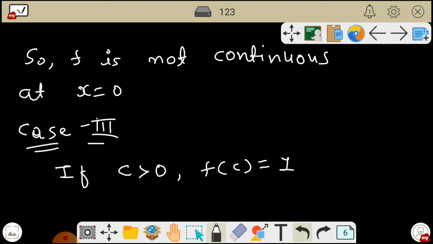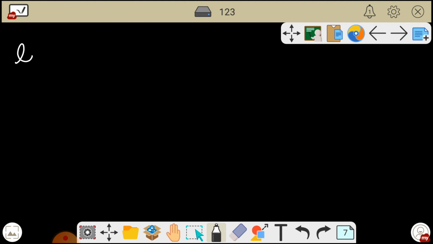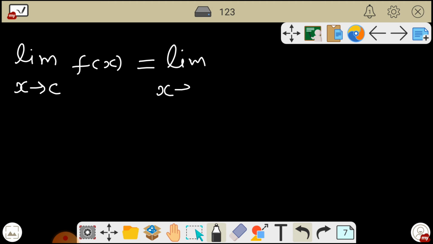So limit x tends to c f of x is equal to limit x tends to c 1, which is equal to 1.